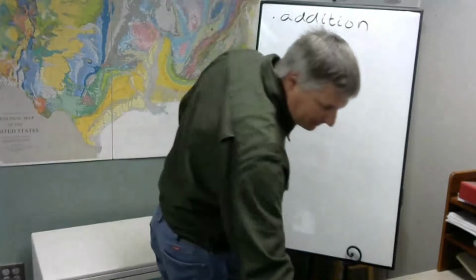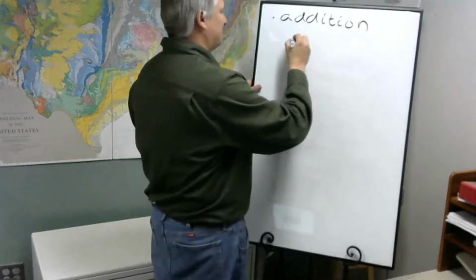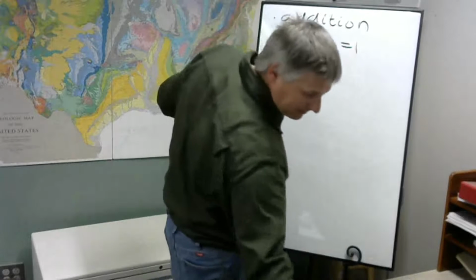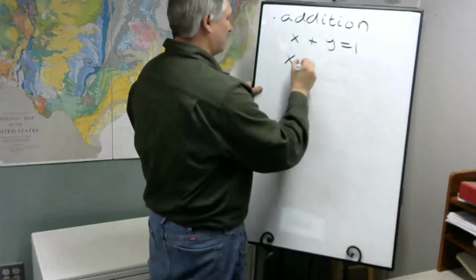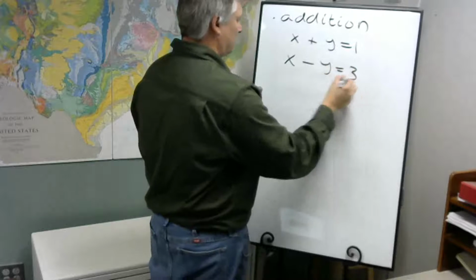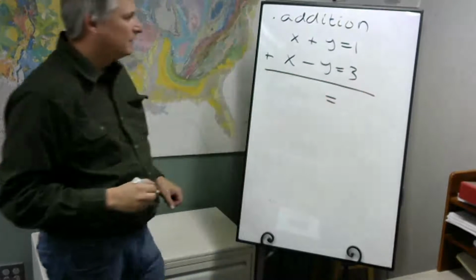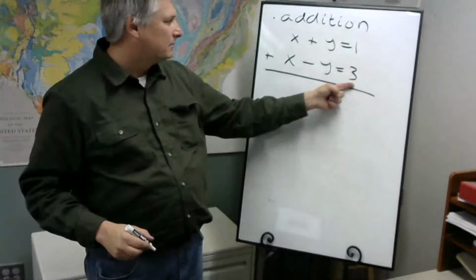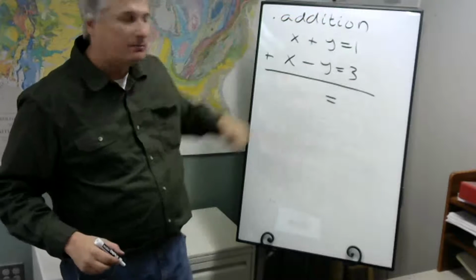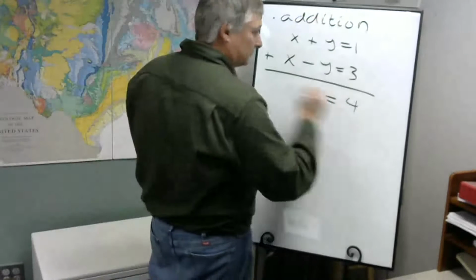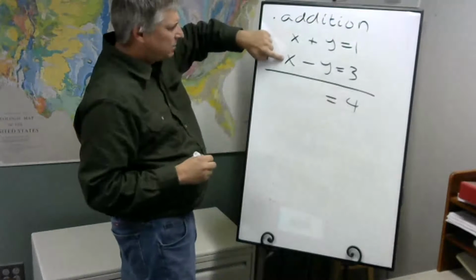So for example, let's say we have this. Now we keep the equal sign. And we're going to add up the right side, and then we add up the left side. Now the right side's going to be 1 plus 3, 4. x plus x.